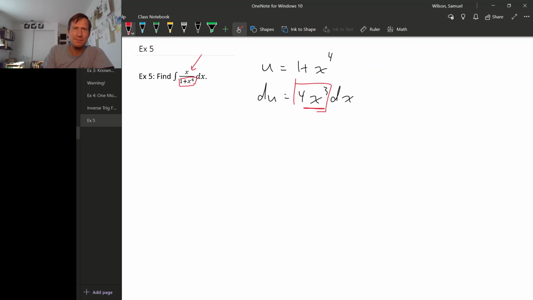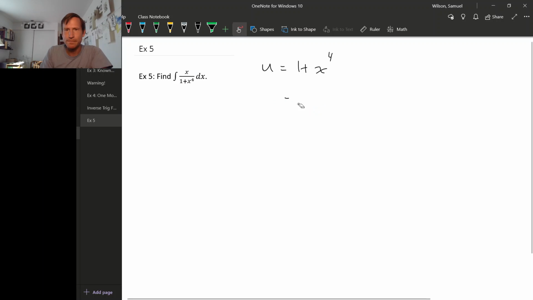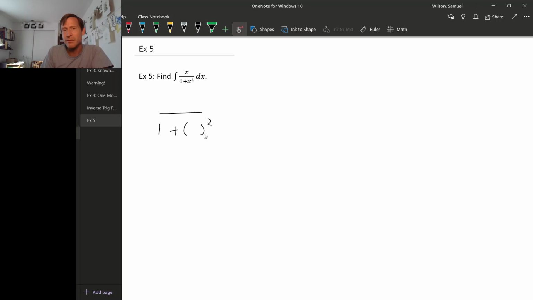So let's back up. Let's get rid of this, and let's start over. So that was a nice idea for a substitution, but it didn't end up working. So let's see, what else could we do? Well, this denominator here looks kind of like 1 plus something squared.